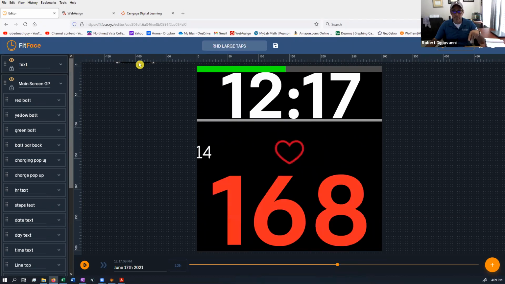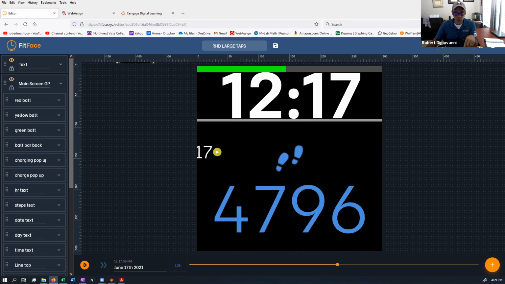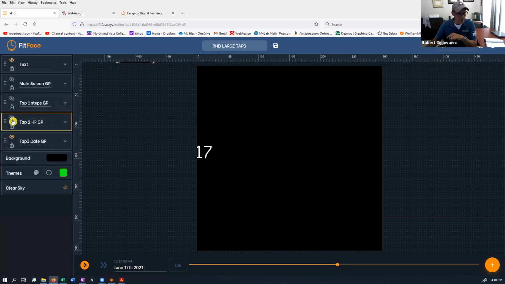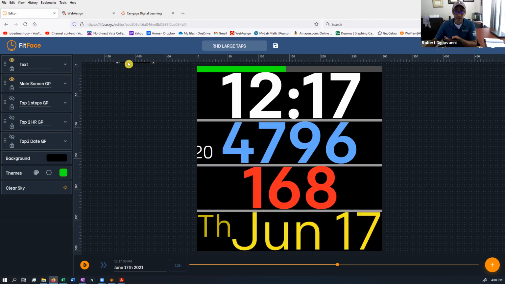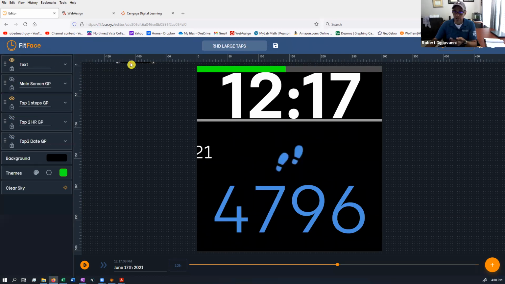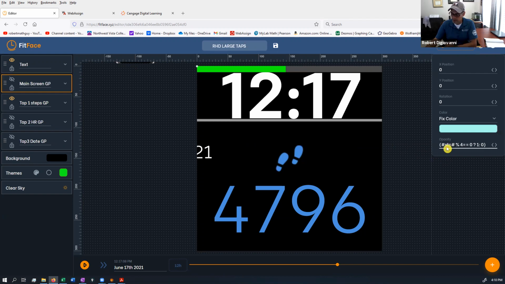See it going up? I've told this program it has 4 different screens it can show me: the main screen, and when I tap it again, the next screen, and then the next screen. The way it knows which screen to show is this simple code right here.